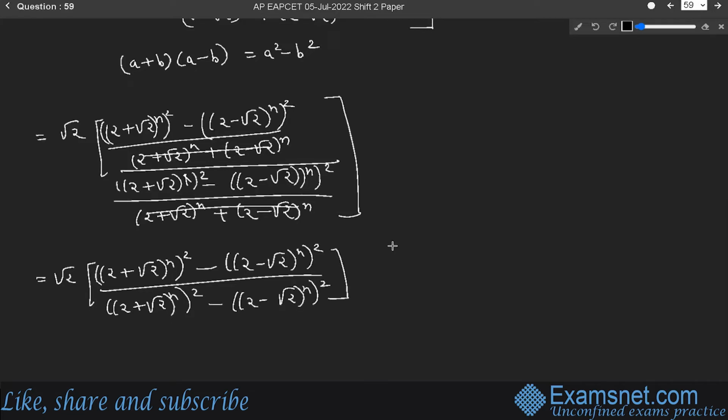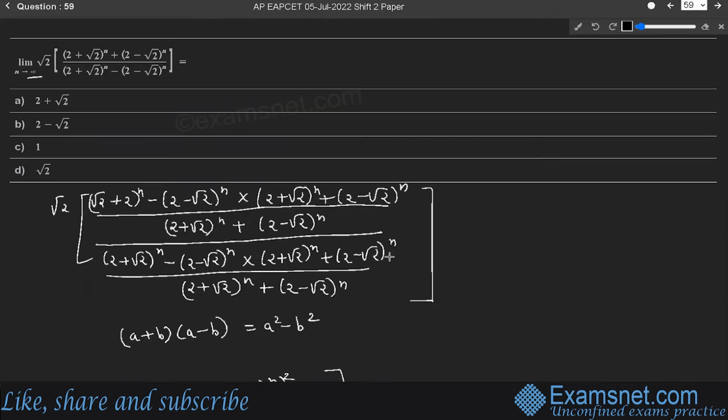We can see that these terms are also equal, so it will be cancelled. So this will be equal to root 2 into 1, which is equal to root 2. Hence, we can say that the required answer for this question is option number D, which is root 2.